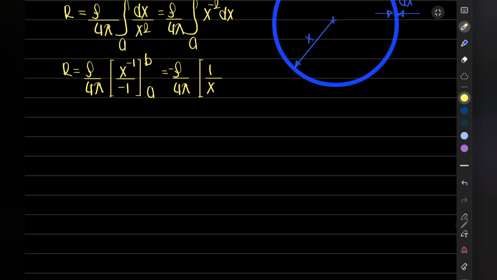It will become simple x. Now after this step we can put the limits, lower limit a, upper limit b.